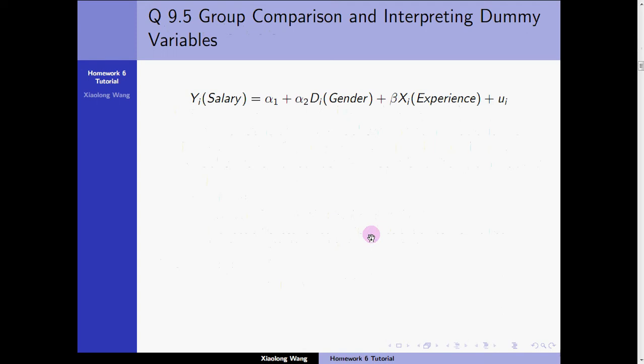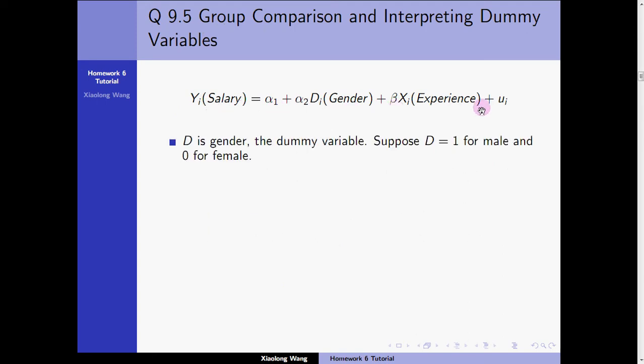The first question we are going to look at is question 9.5, group comparison and interpreting dummy variables. So let's consider the model here. We have salary as the dependent variable and gender and experience as the independent variables. So D is the gender dummy variable, and D equals 1 for male and 0 for female.